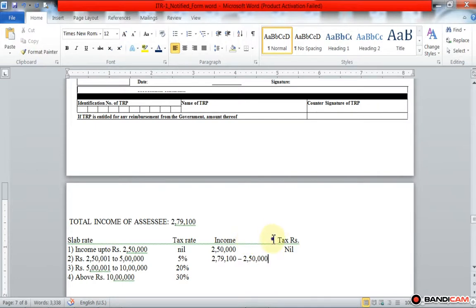So here the remaining balance is, into bracket, here, remaining balance is 2,50,000 is deducted from total income. Okay, so 2,79,100 minus 2,50,000, we get 29,000 is the balance.